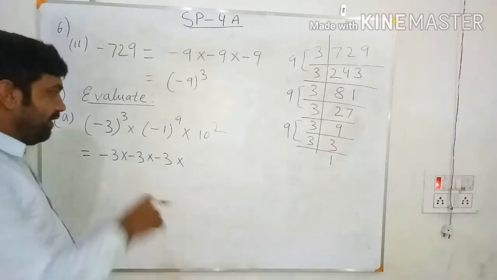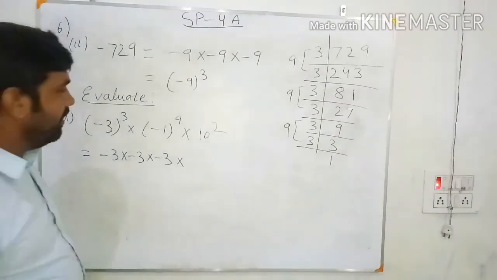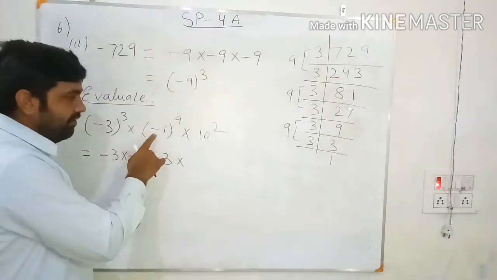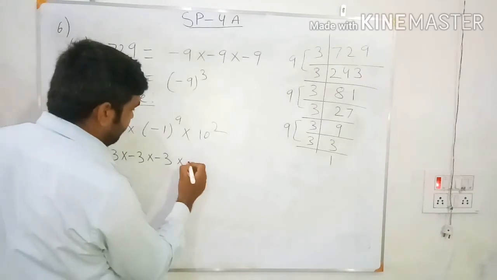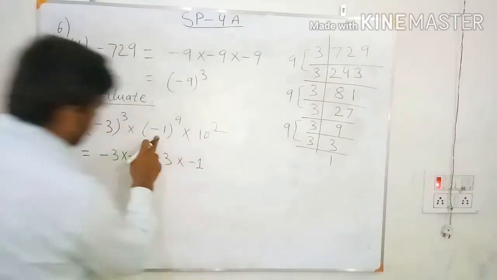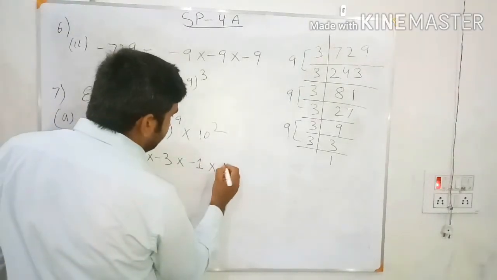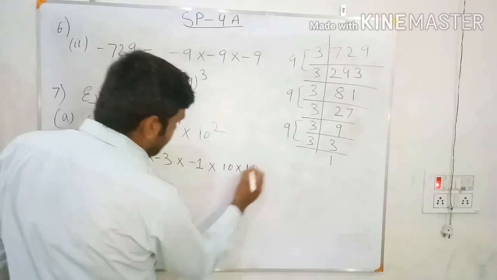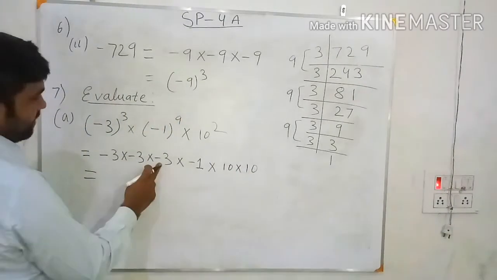Whenever you multiply 1 by itself any number of times, you are going to get the product 1 only. But since base is negative, the value will also be negative. So in that place I am going to write only minus 1. The value of minus 1 to the power 9 is minus 1. And 10 square means 100, that is 10 multiplied by 10. Now here you see minus, minus, plus, plus, minus, minus.